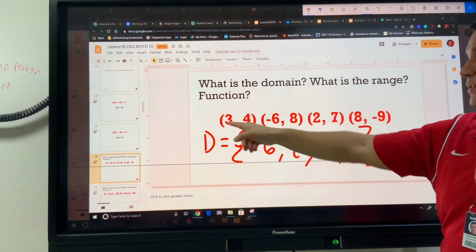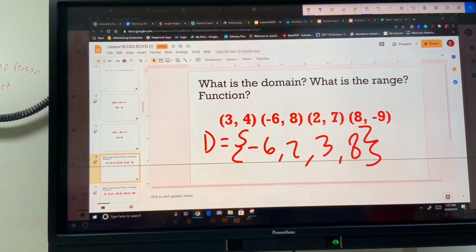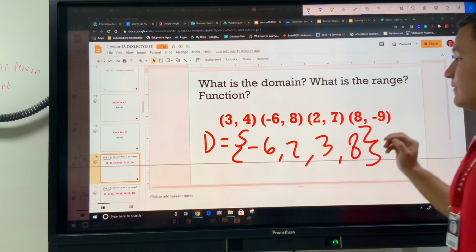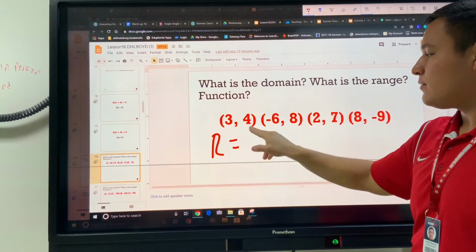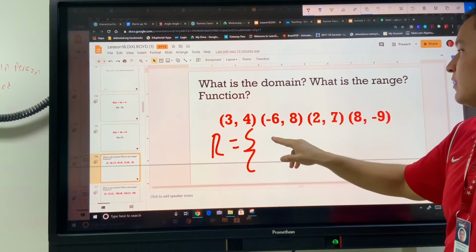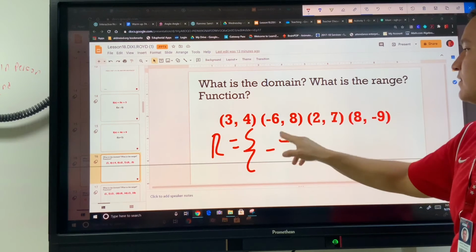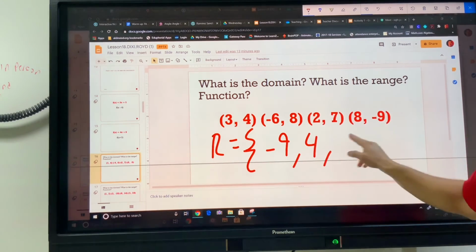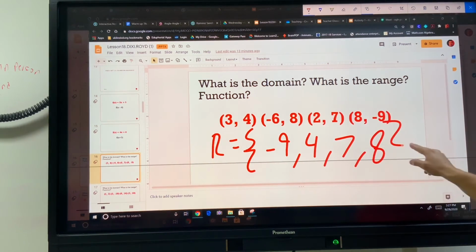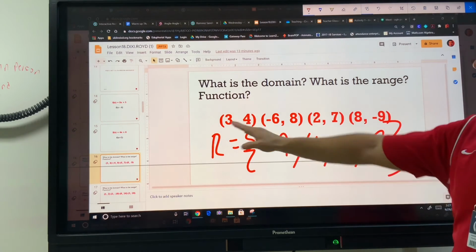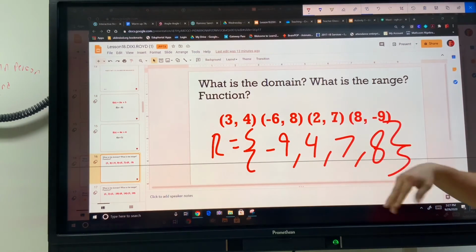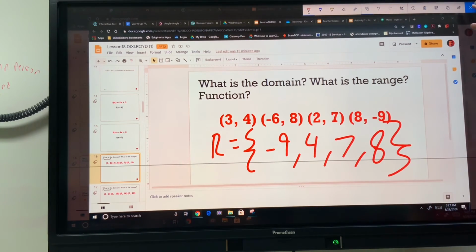All I did was I just looked at the first number of each ordered pair, and that's the domain. Then the range. We're going to do -9, 4, 7, 8. There's our range. Is this a function? Well, none of the x is repeated, so yes, this is a function.